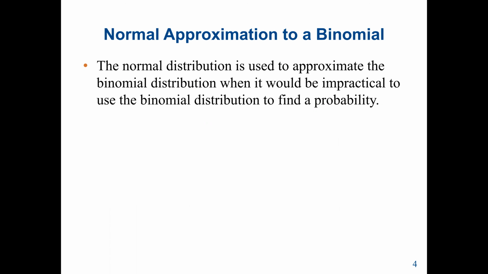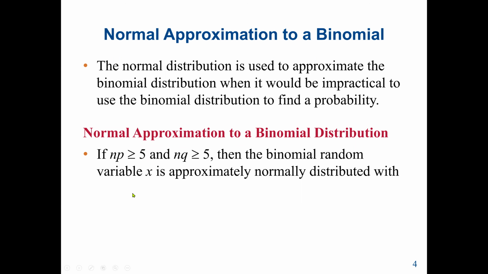The rule says that the normal approximation to the binomial distribution only applies if np is greater than or equal to 5, and also when nq is greater than or equal to 5.